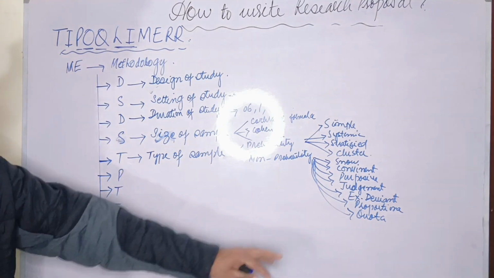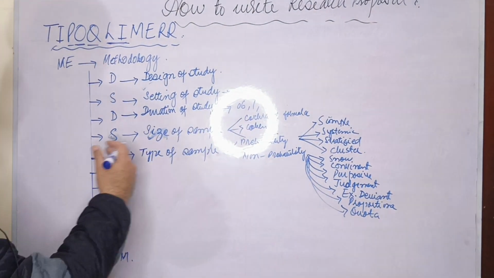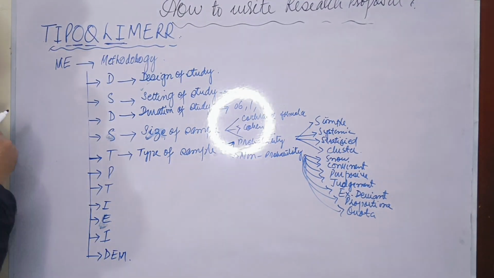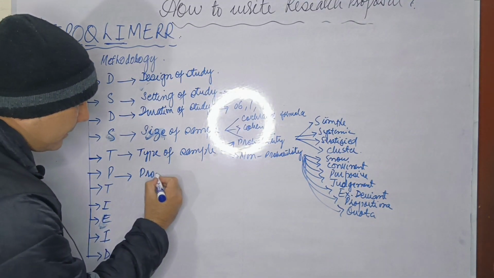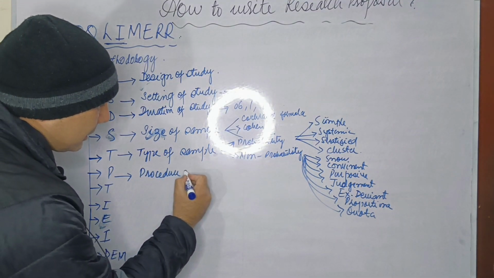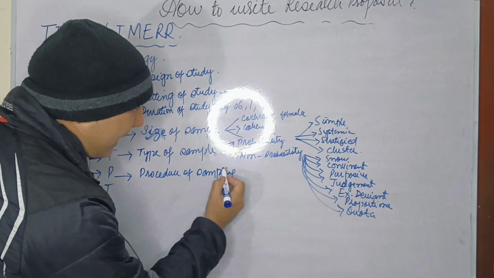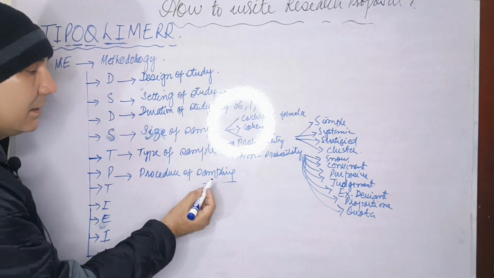Okay, these are the types of non-probability sampling, which you will use for the collection of your sample size. Now the P is the procedure of sampling. Our wording is sampling, not sample.